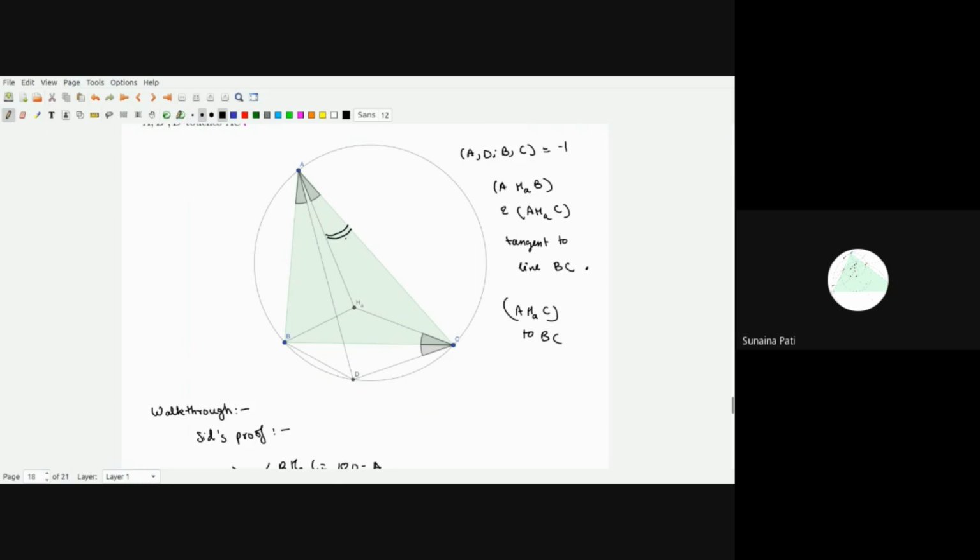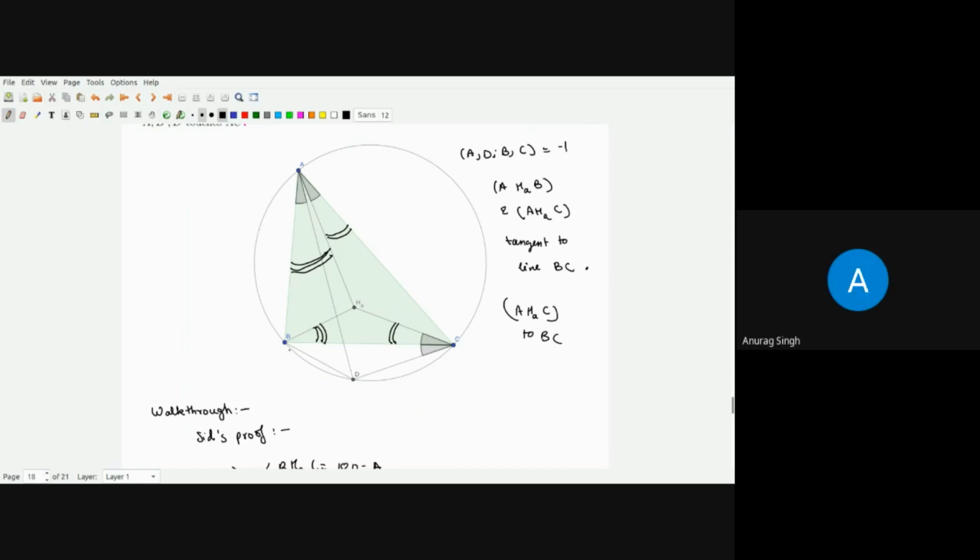So this implies that angle HAAC is equal to angle HACB, and angle HAAB is equal to angle HABC. Is everybody fine with what we said? And hence, if you just subtract it, you get BHAC as 180 minus A. Everybody fine with this?